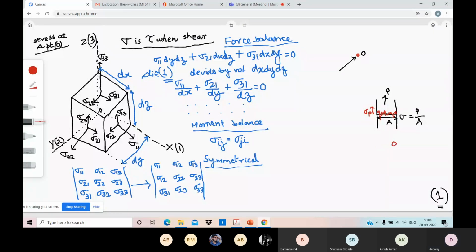So stress at a particular point can be represented by the small amount of the part of the load acting on that point. And what we consider is, if there is a point, we consider a small area around that point. So you can consider the area to be, say, dA, a very small area we are considering around that point.